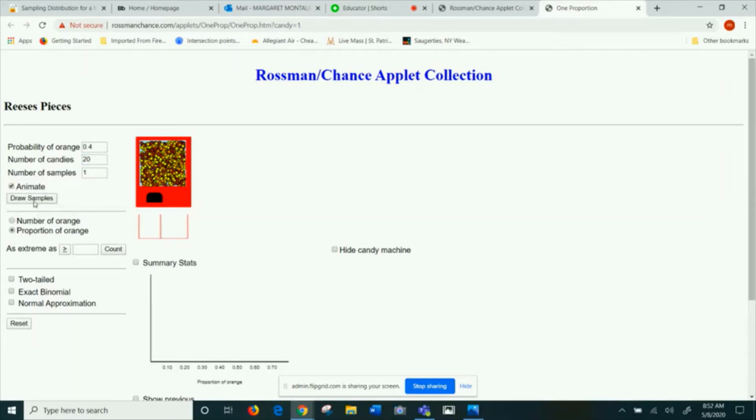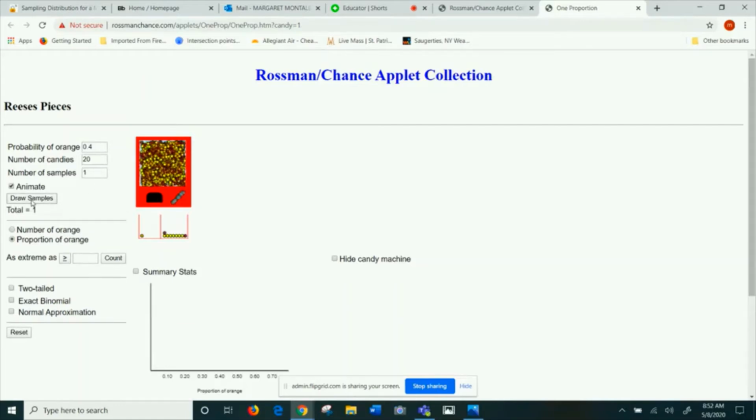So I'll draw one sample of 20 candies. This is representative of if I was taking 20 beans from the bag of beans. There are the 20 candies coming down, and of the 20, there are 1, 2, 3, 4 that are orange.